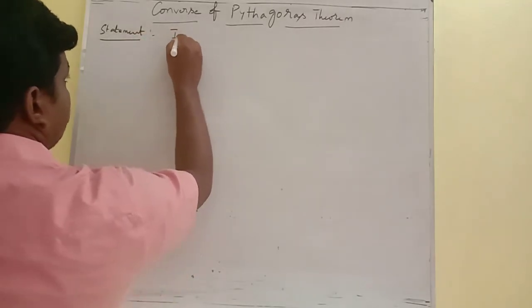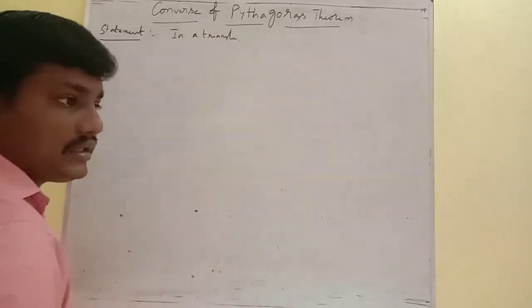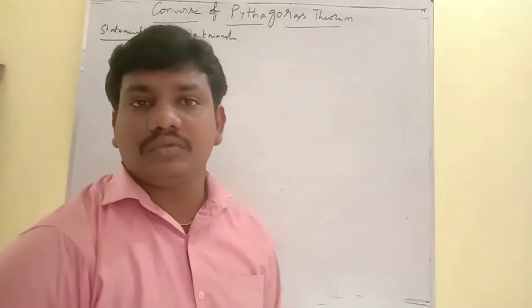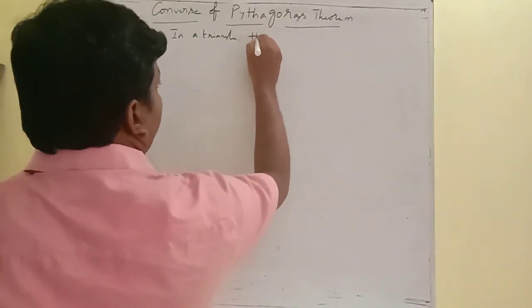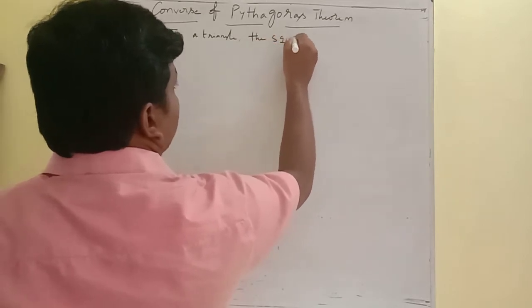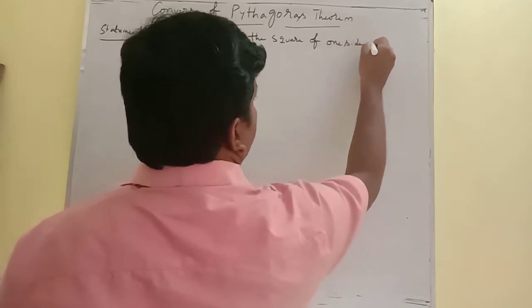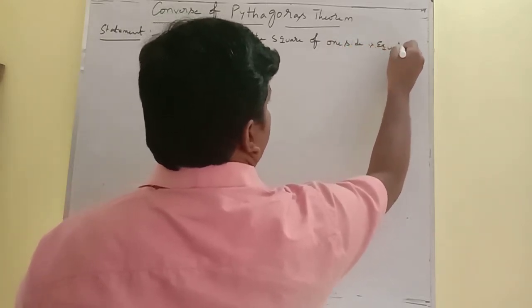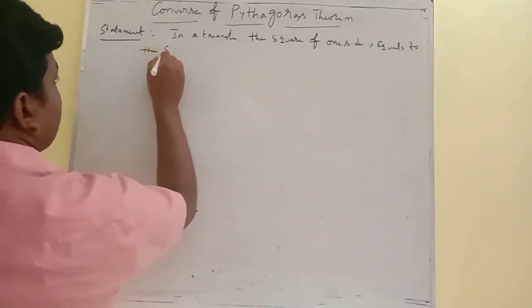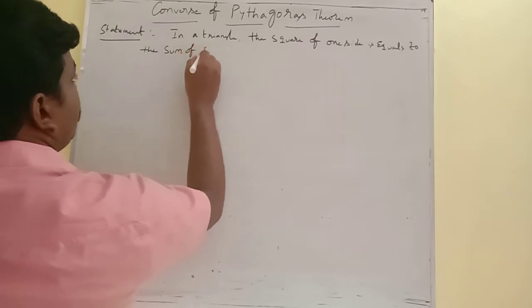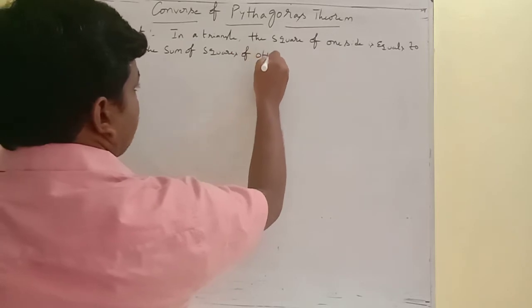In a triangle, the square of one side is equal to the sum of the squares of the other two sides.